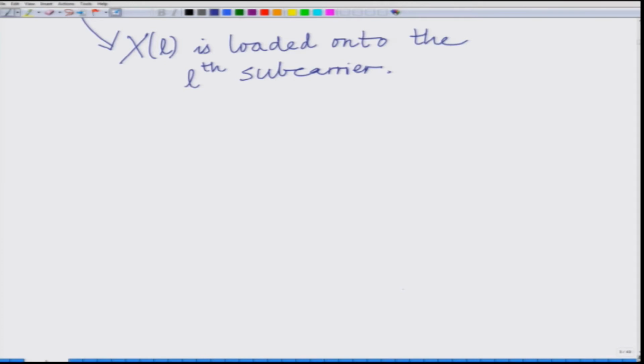Now, what does it mean to say they are loaded onto the subcarriers? We have the symbols X0, X1, X2, X3.